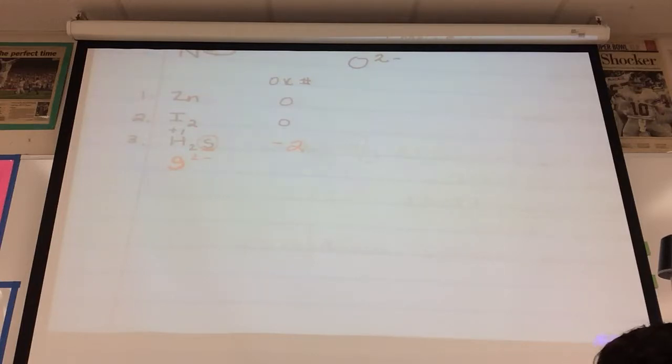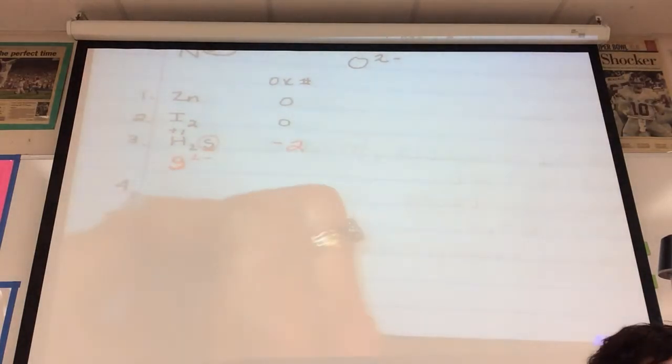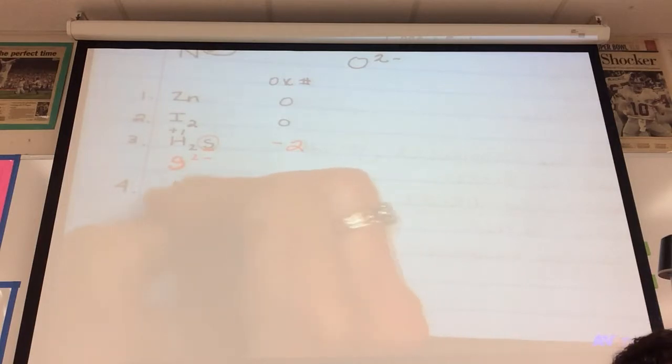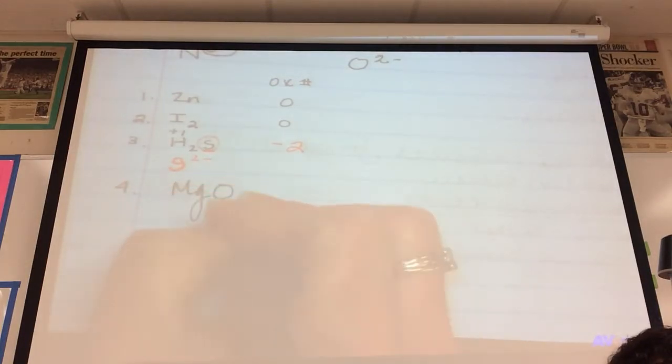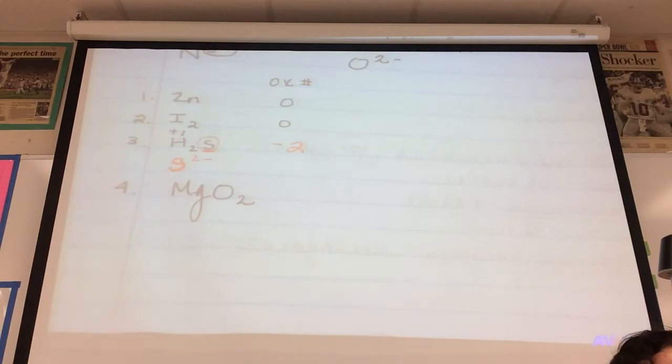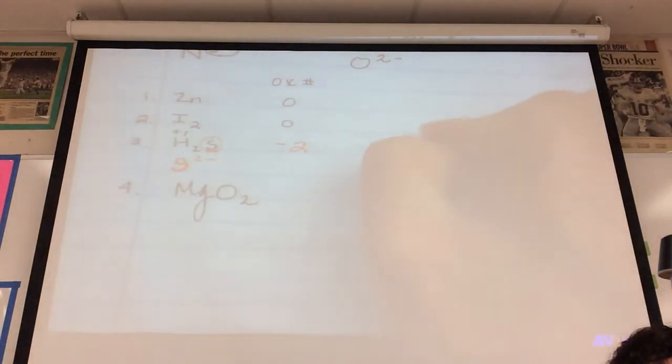The next example is magnesium peroxide. Sneaky, sneaky. How did I know that wasn't magnesium oxide? How would you write the formula for magnesium oxide? Magnesium's in group 2.